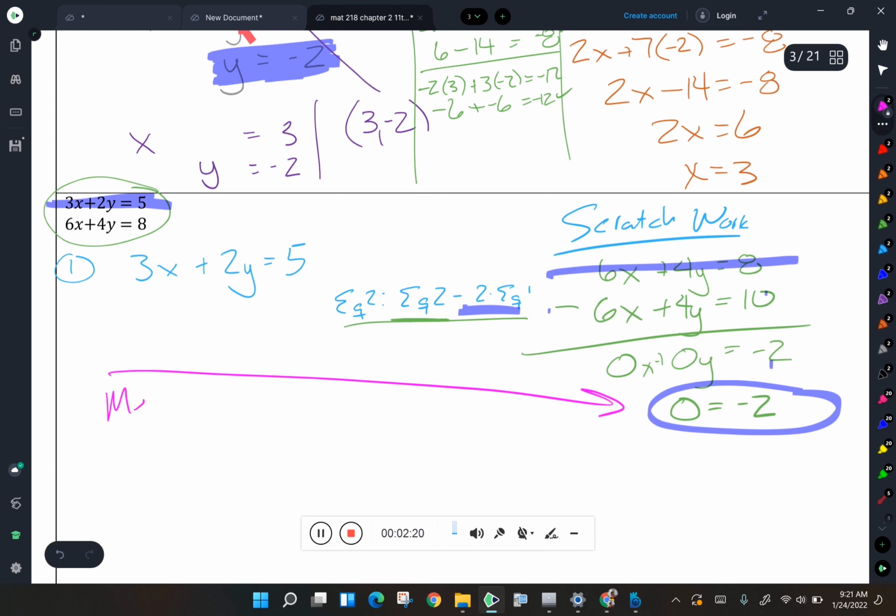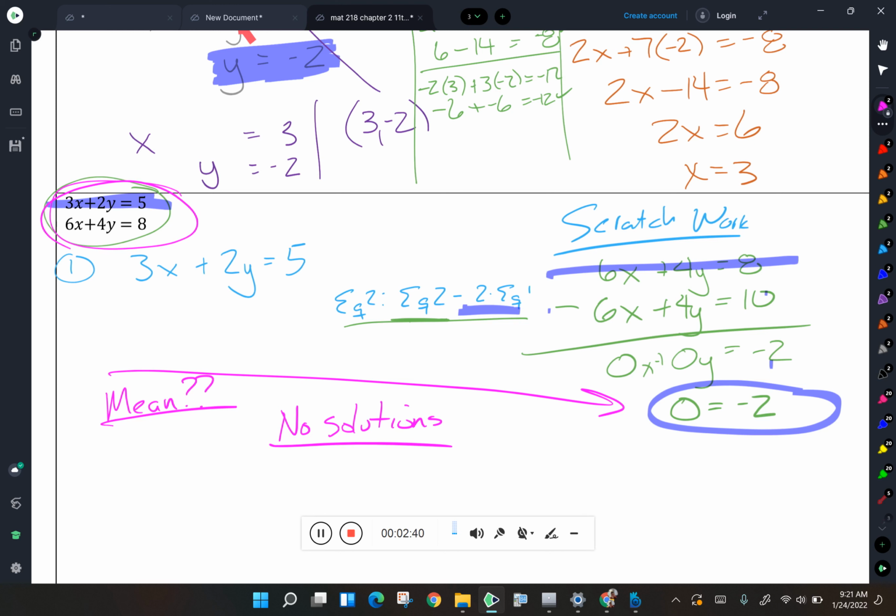So what does that mean? Well, what that means is that our system has no solutions. Since this is a 2-variable system, essentially this means that these are 2 lines with the same slope but different y-intercepts. 2 parallel lines that don't intersect.